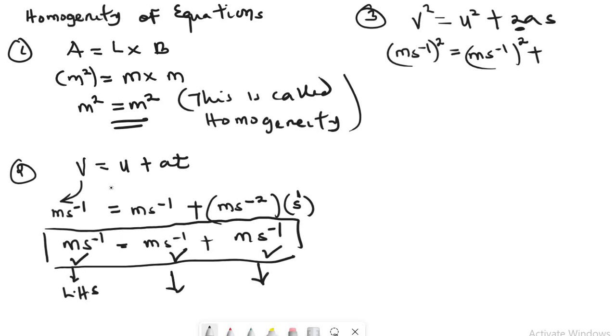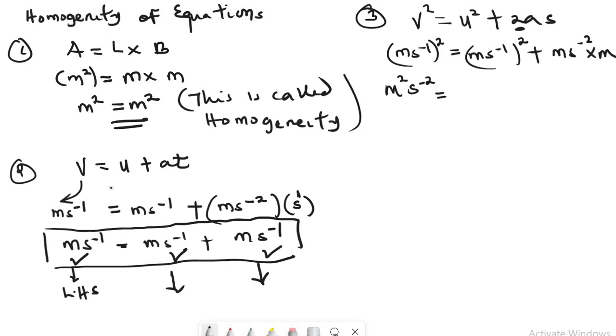Acceleration is meter per second squared. Distance is measured in meter. So from here we have meter squared s minus 2.